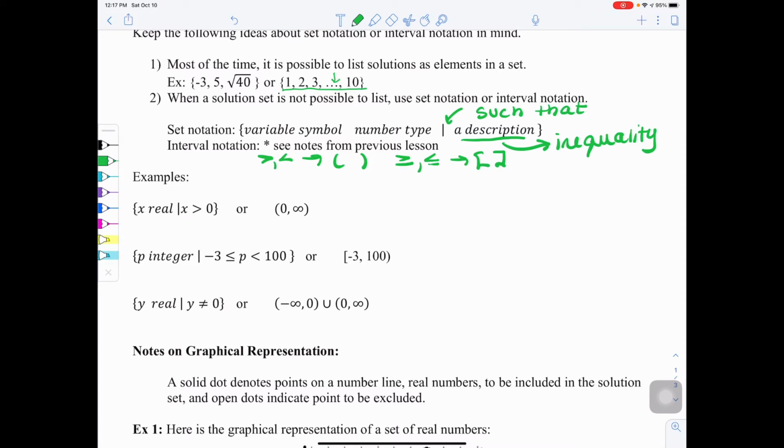The first example says x real such that x is greater than 0. That's how I would read that. We're going to write what that means on the other side: x is all real numbers greater than 0.